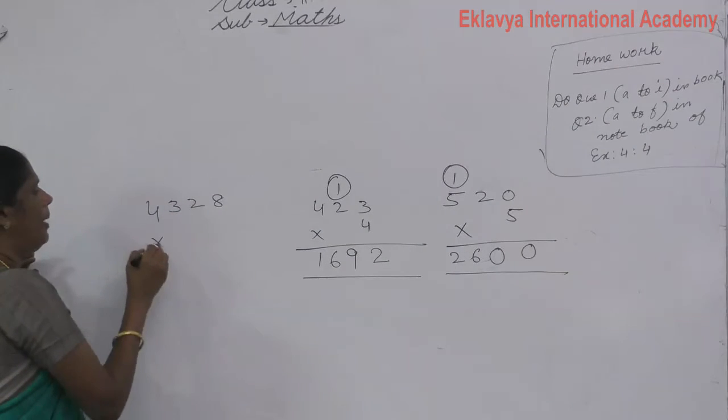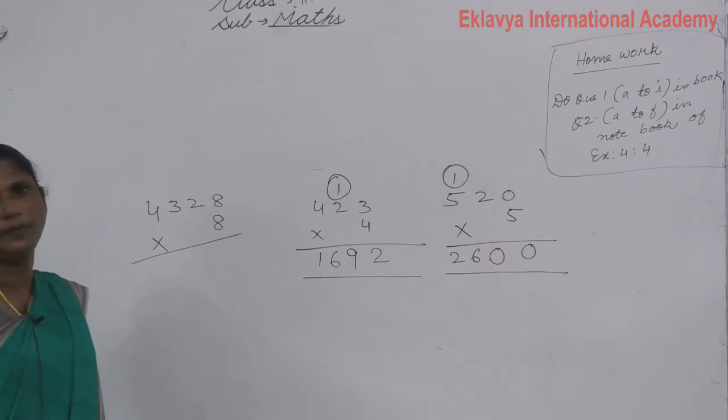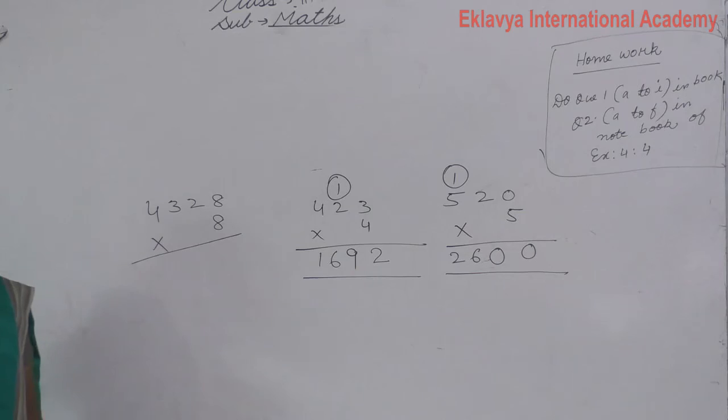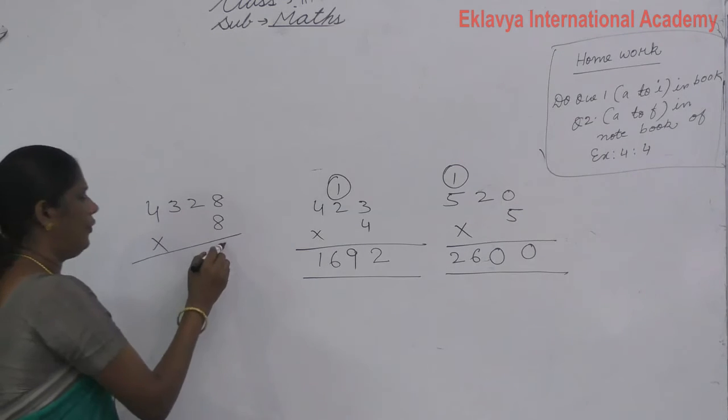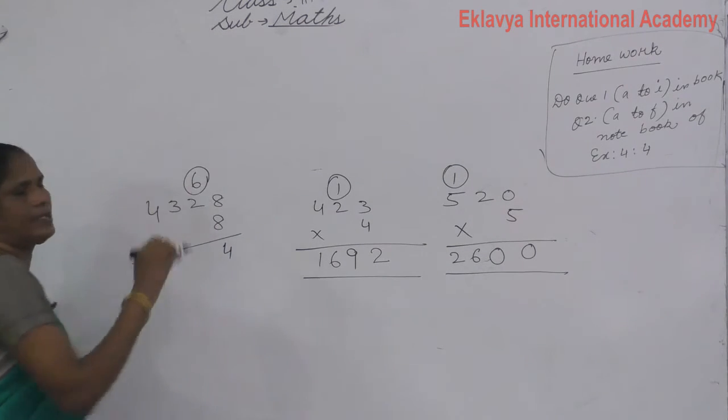4328 multiply 8. 8 times 8 is 64. Write 4, carry 6.